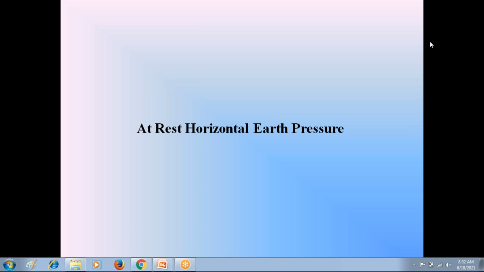So in this at-rest condition, first we discuss the horizontal strain in the soil element, that is epsilon H. This is from theory of elasticity, that is strength of materials. But in the at-rest condition, there is no deformation in the backfill.